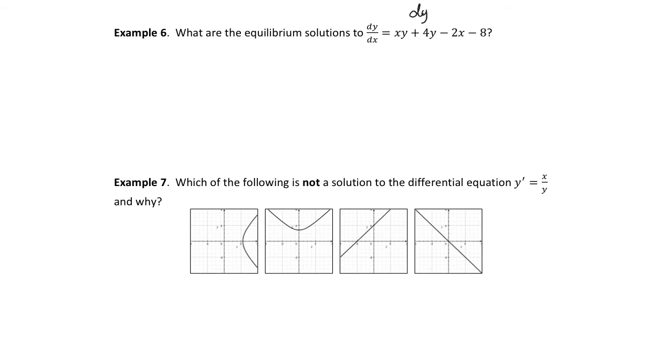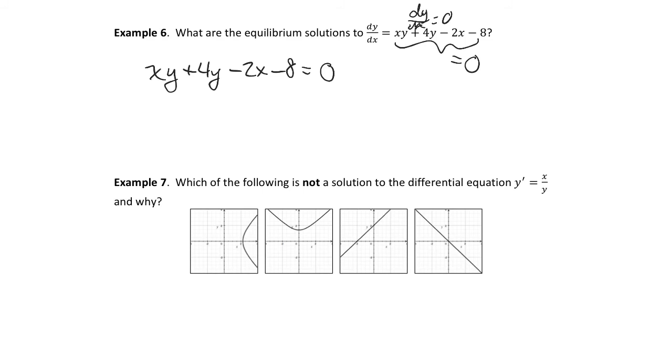So we want dy/dx to be 0, which means all of this stuff should be equal to 0. So let's create an equation that says xy plus 4y minus 2x minus 8, we want that to be 0. I need a function y equals f of x that makes this 0.